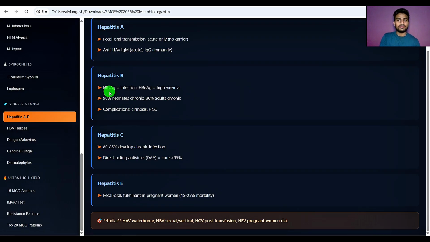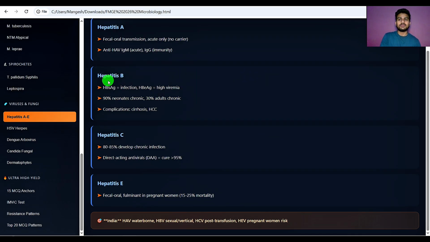So whenever there is S, it means surface antigen. Whenever there is E, it means envelope. Whenever there is C, that means core antigen. And when the patient is vaccinated, the patient will be having surface antigen, but there will not be core antigen. Core antigen will be only present in those individuals who has active hepatitis infection.